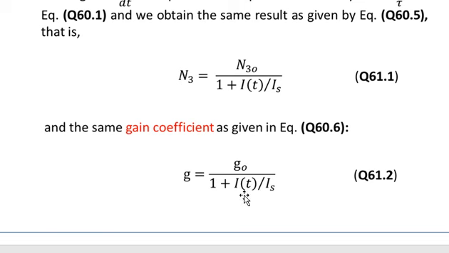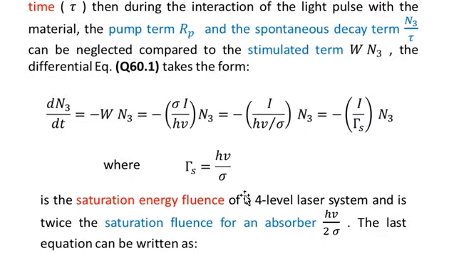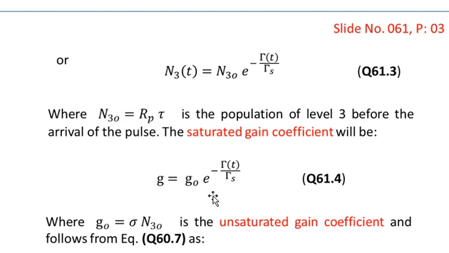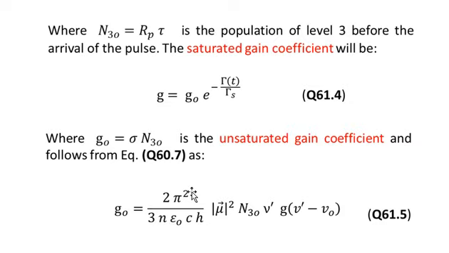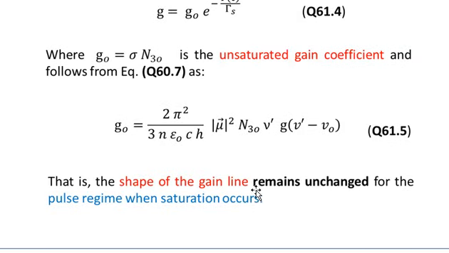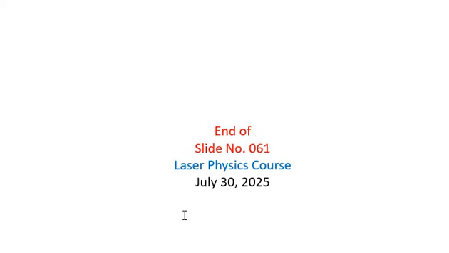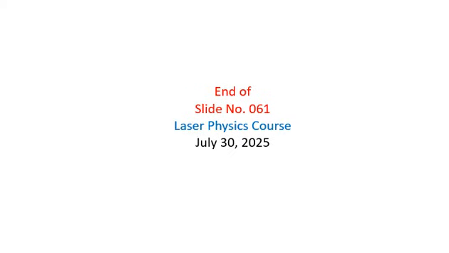The only difference is that there we have I as a constant, but here we have I as a function of time. For the short pulse the result is different, but G naught helps us to say that the shape of the gain line remains unchanged for the pulse regime when saturation occurs. So this is the end of slide number 61.